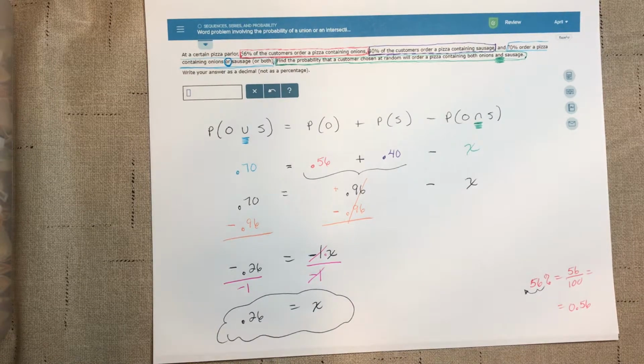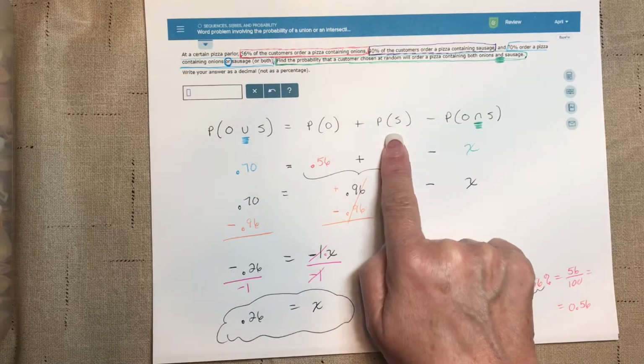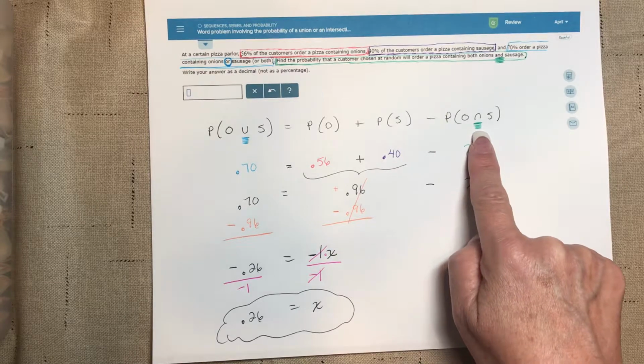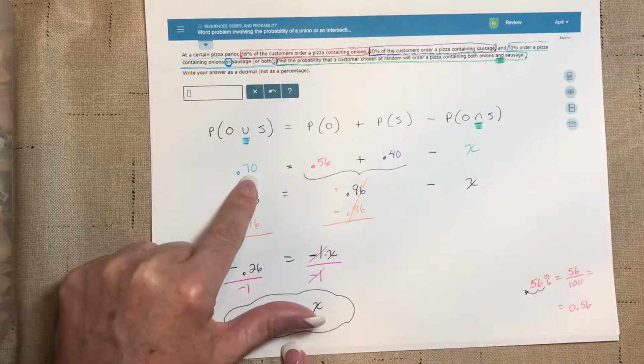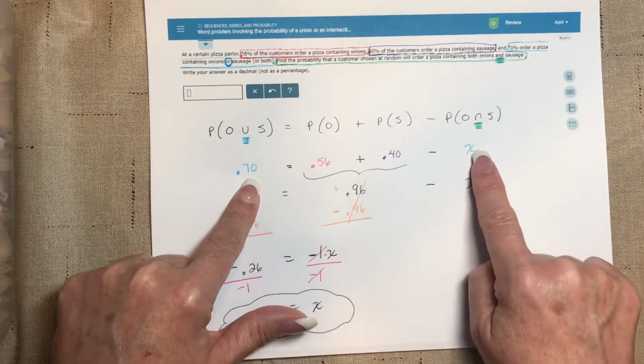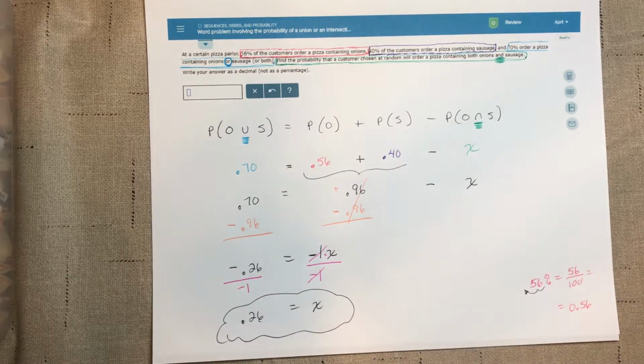I noticed on another question that I generated, it actually gave me the probability of onions, the probability of sausage, and the probability of their intersection, and then asked me to find the probability of the union. So this would have been my x, and then I would have had a number over here, and I just would have added and subtracted and been done with it.